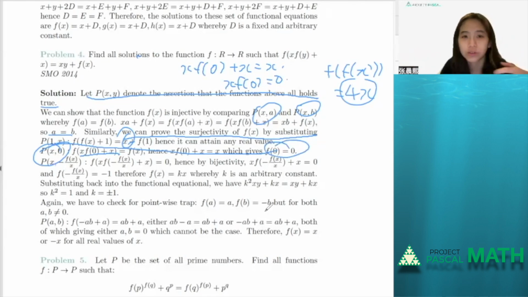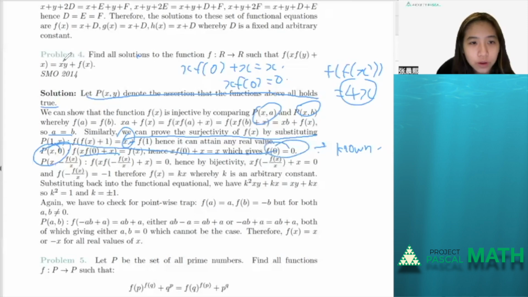And now since I have f(0) equals 0, and this is the only known equation I have, I want to make the right hand side equal to 0 so that I can get what's inside the bracket of the left hand side equal to 0 as well. And so I do substitution of y equals negative f(x) over x, and then I eventually get this thing equals 0 by bijectivity.